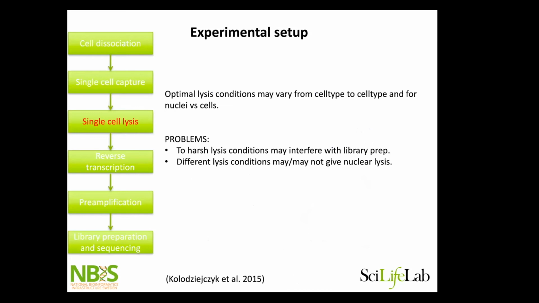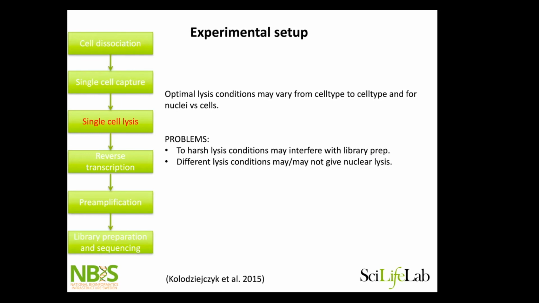Then the next step in the library prep, once you have them in your droplets or in your wells, is to lyse them. And actually now most people just run with these kits, but as we had some questions about plant cells and so on, then you might need different lysis conditions to keep your RNA intact. What you also should keep in mind is that depending on the cell type and the lysis conditions you have, you may not have nuclear lysis.